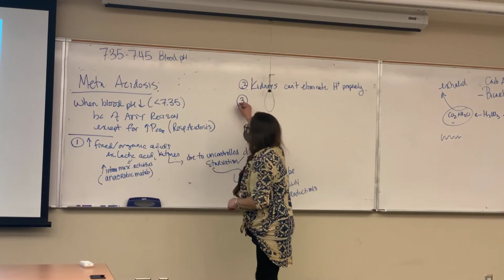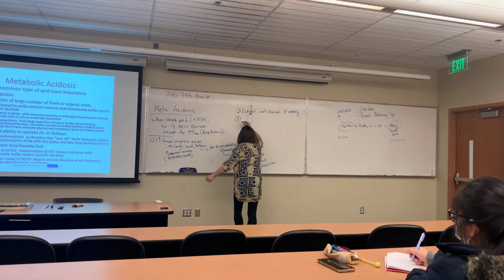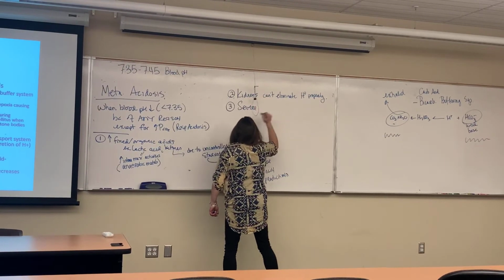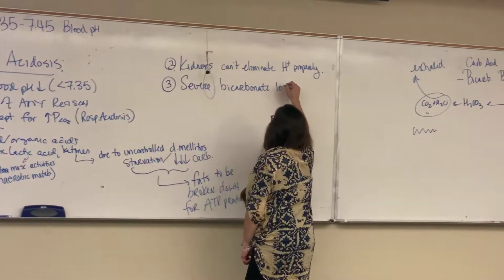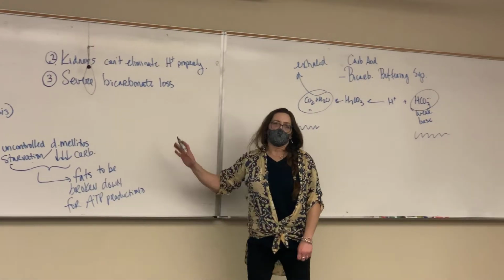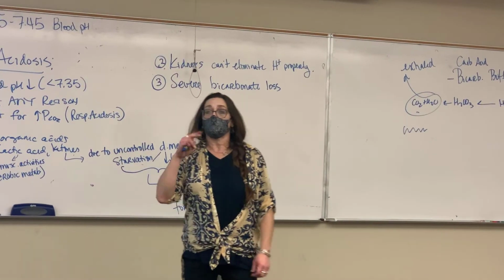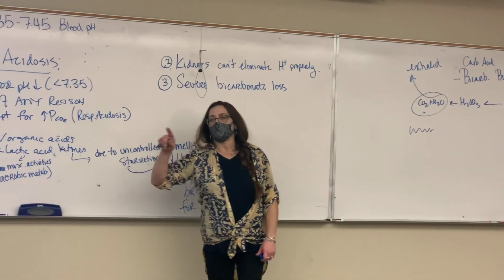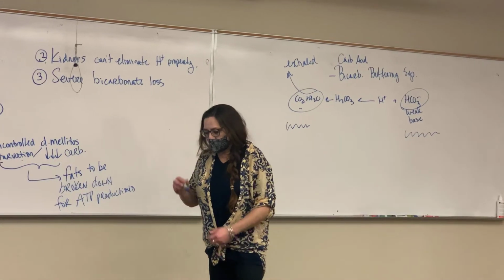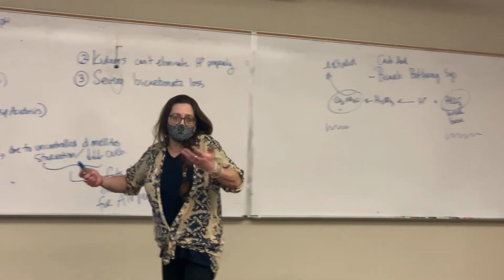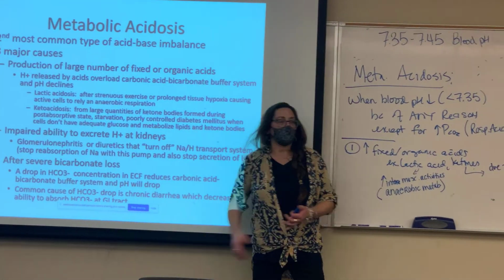And then lastly, you can see metabolic acidosis if you have severe bicarb loss. Now, that doesn't happen very often, okay? So let's think about how would you end up with severe bicarb loss, and why would that lead to metabolic acidosis? Okay, so first of all, we've already said this, you could have severe bicarb loss if you have chronic diarrhea, okay?